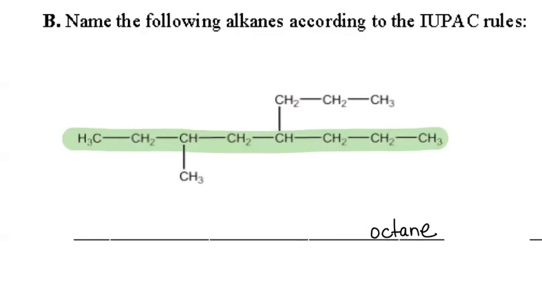When I'm numbering this, I have to do it from the end that is nearest a substituent. 1, 2, 3, 4, 5, 6, 7, 8. Okay. So here on carbon 3, we have a methyl. On carbon 5, we have a propyl. So who comes first, methyl or propyl? Remember, the numbers just tell you the location for them.